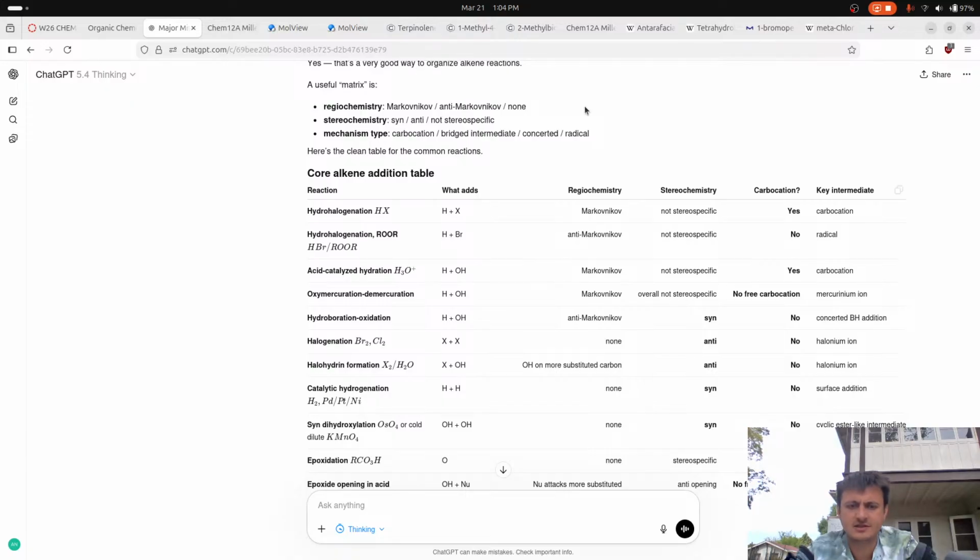Right. But this is kind of a different thing. But here, this and this are kind of the interesting ones. So in a way, you can think of this as Markovnikov, but a better way to put it is that the OH specifically is on the more substituted carbon, because the thing that forms the halonium ion is obviously the halogen. The OH can't do that.